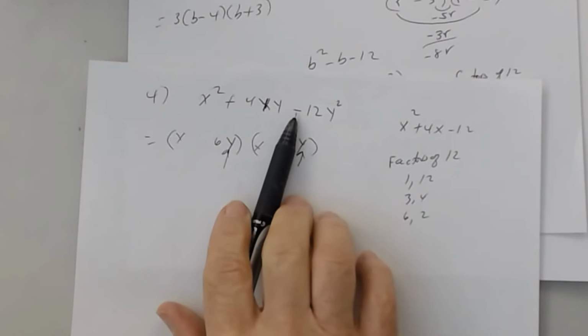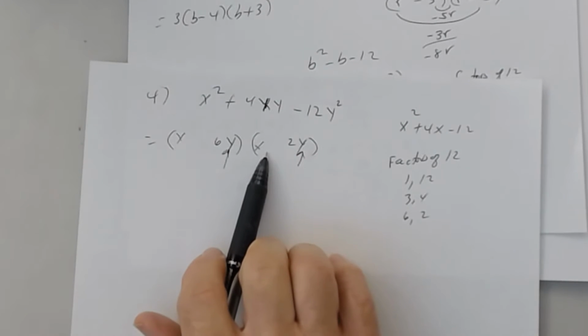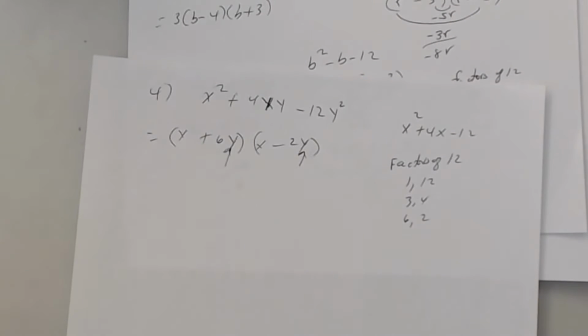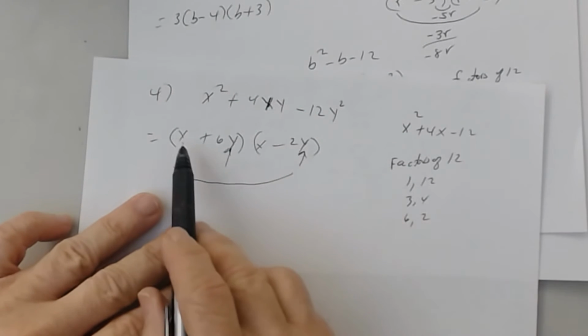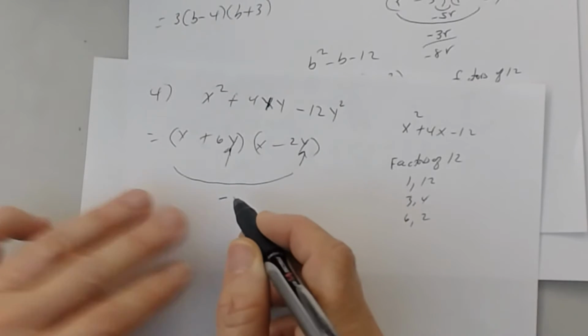Now remember, the last sign's negative, right? So what does that mean about these signs in here? They have to be different. So let's say this is positive, this is negative. Doesn't work? I'll try something else. But check it now. Check it. What's the outer? What's x times a negative 2y? Yeah, and always put in alphabetical order.